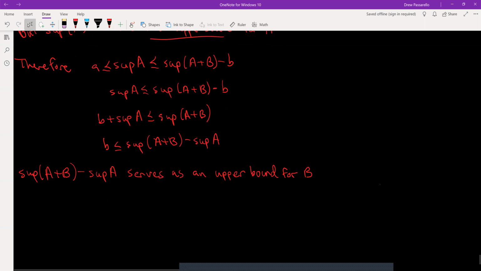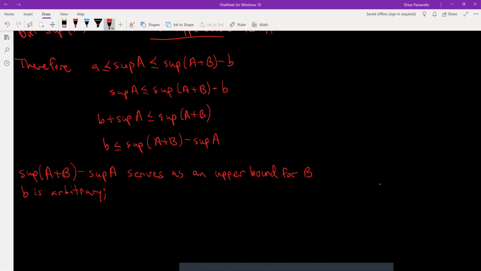And we know B is arbitrary. And we know the supremum, the least upper bound of B. So then this is an upper bound. Sup of A plus B minus sup of A is an upper bound. B is arbitrary.